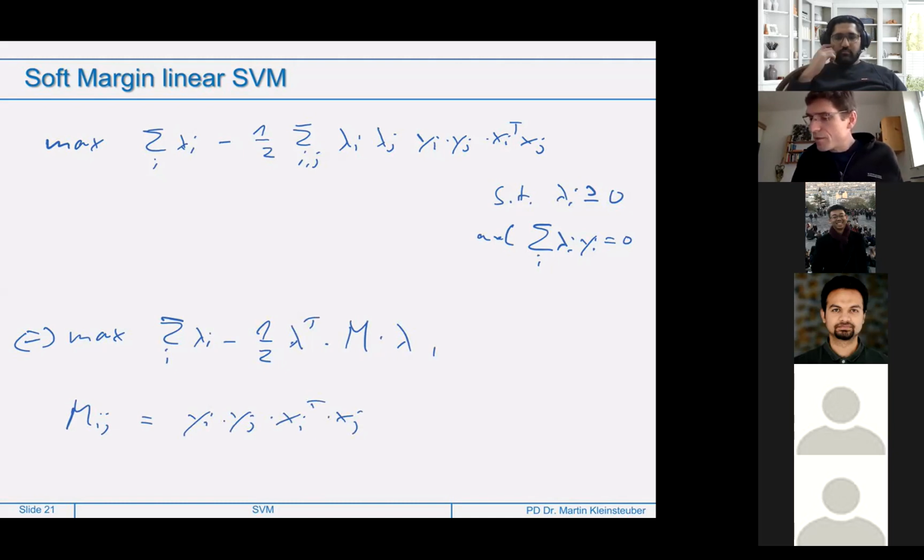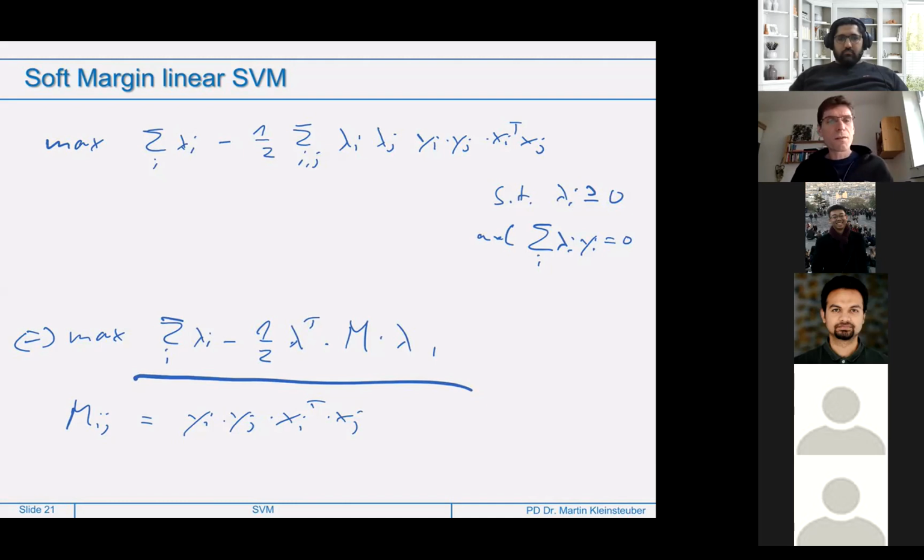I mean, this form is the same as the other form. It depends on which you prefer. So in this part you see that this is what's called a quadratic optimization problem.